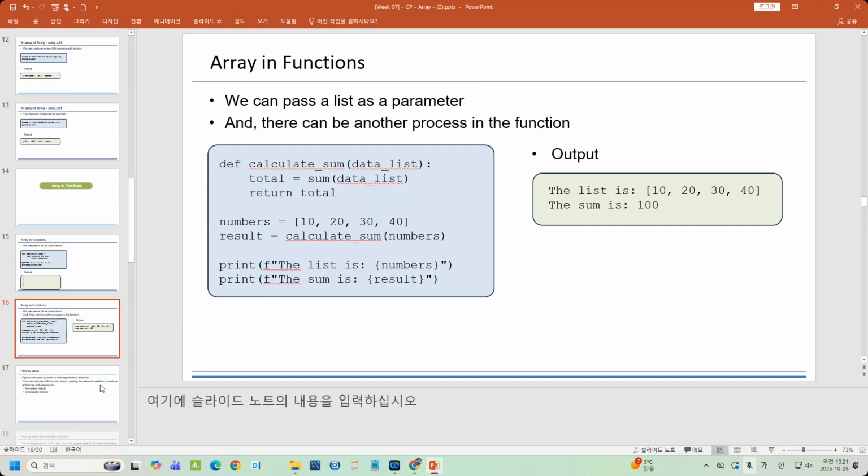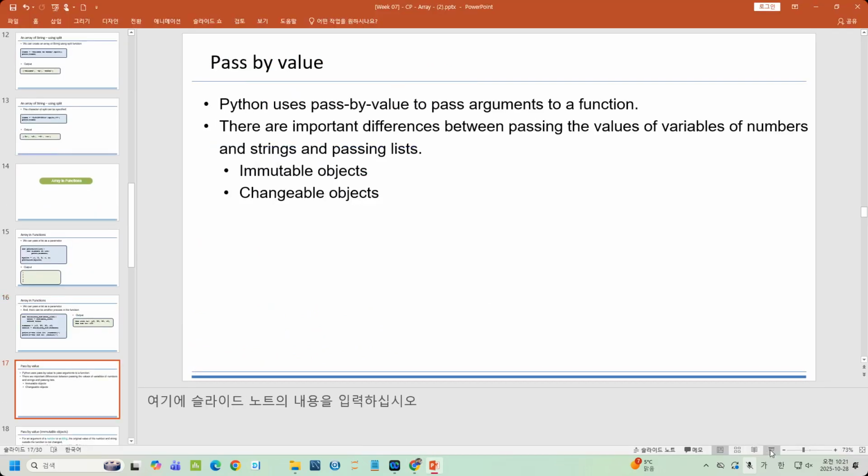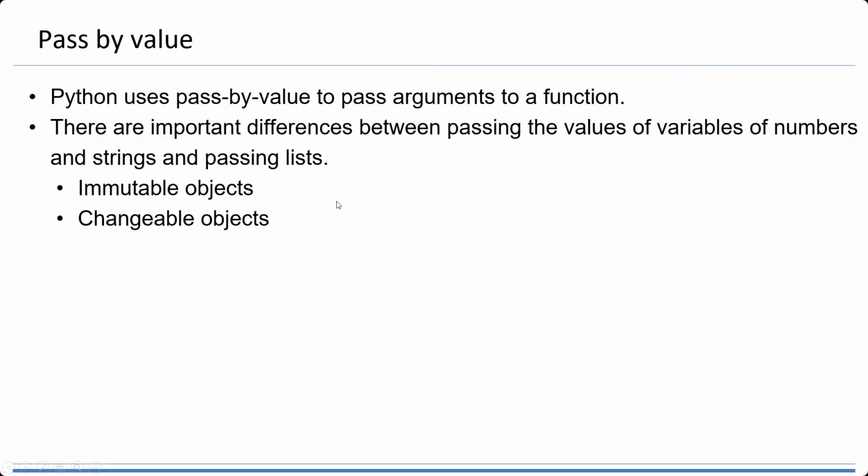When we work with functions, we have a concept about pass by value. Python uses pass by value to pass the arguments to a function. So there are important differences between passing the values of variables of numbers and strings, and passing this.